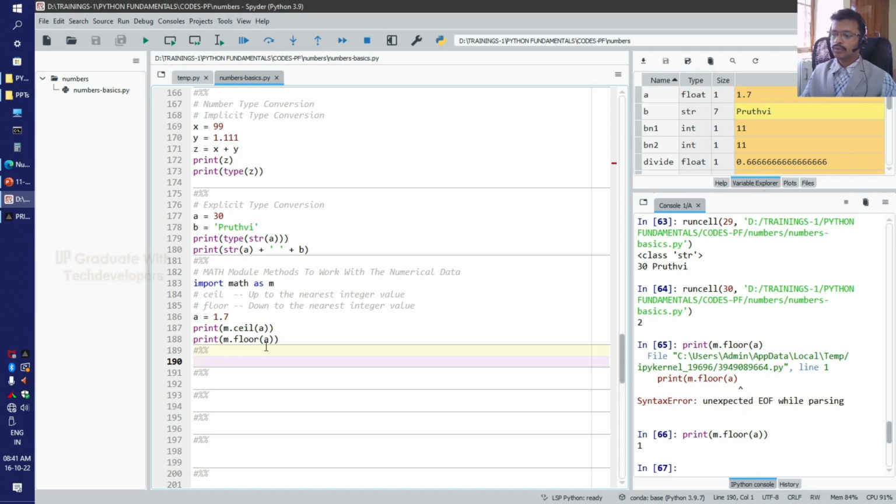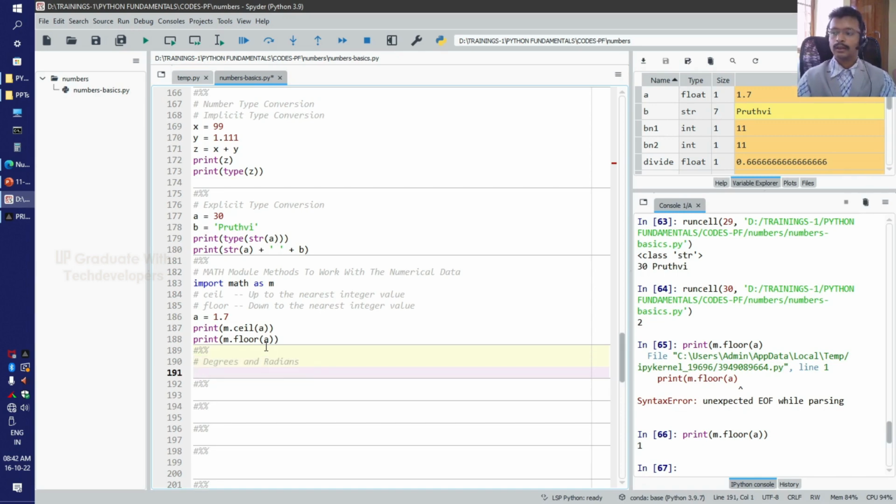Let us see how to work with degrees and radians. In trigonometric calculations, we represent angles in both degrees and also in radians.